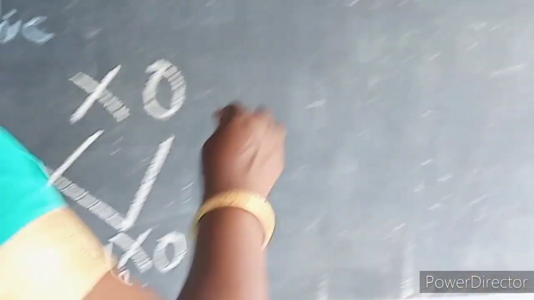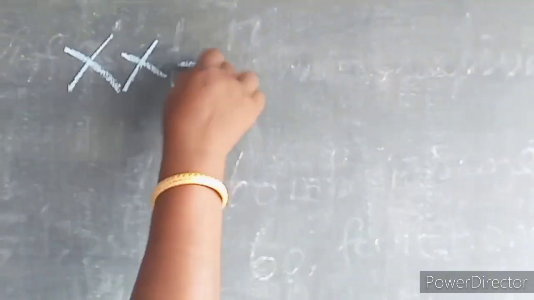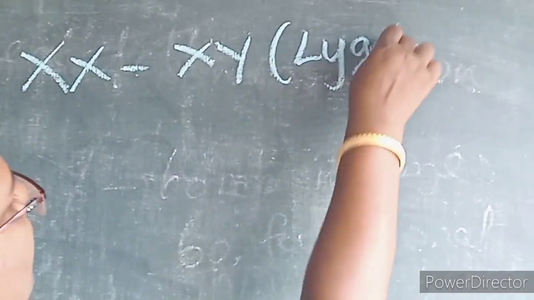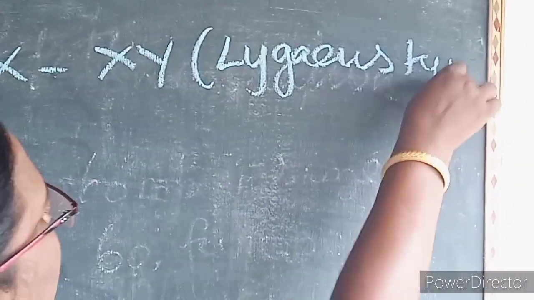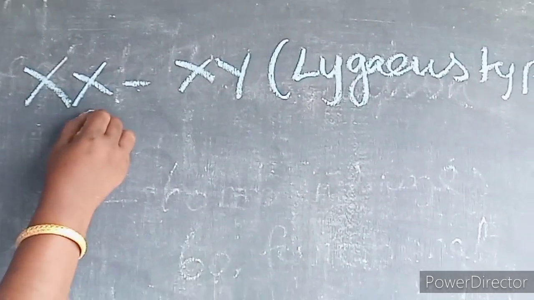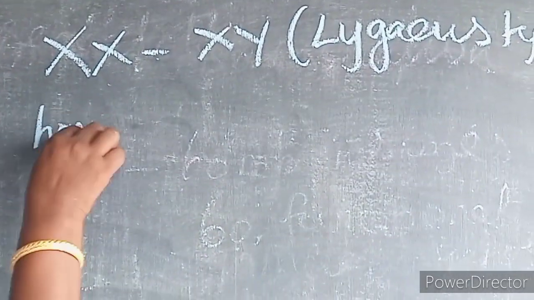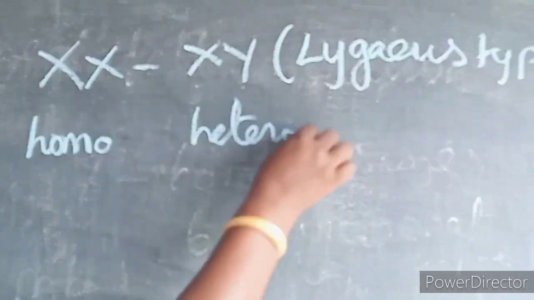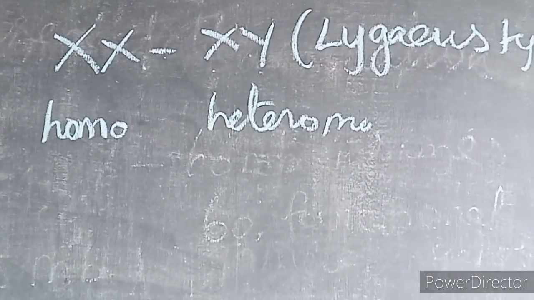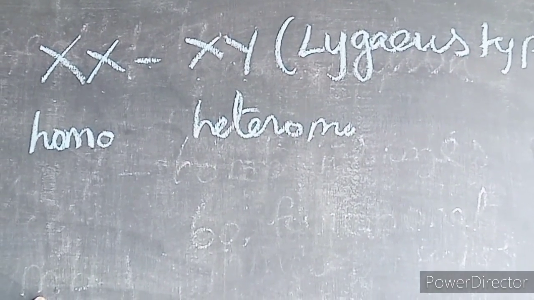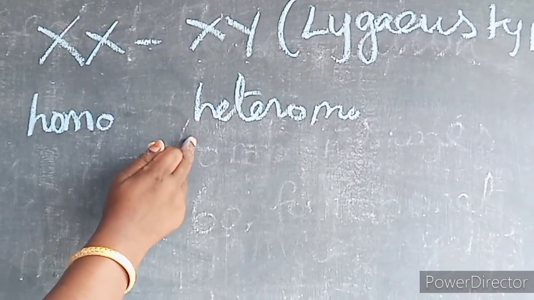Then next we will learn about the XX and XY type. This is otherwise known as what? Lygaeus type. The same procedure only. If the chromosomes are similar, then it is known as what? Homomorphic. If the chromosomes are dissimilar, then it is known as what? Heteromorphic. So here the topic is heterogametic males producing two different kinds of gametes.